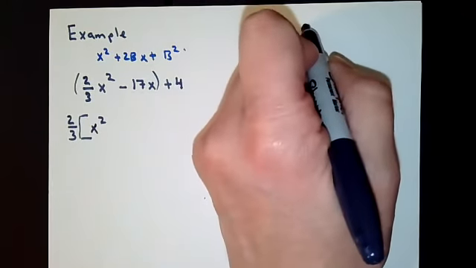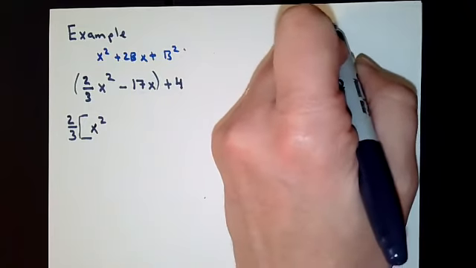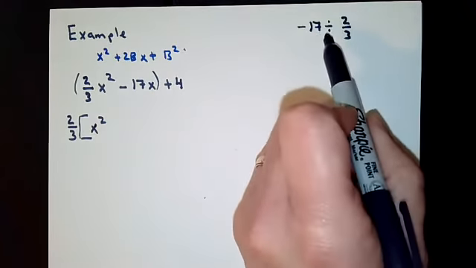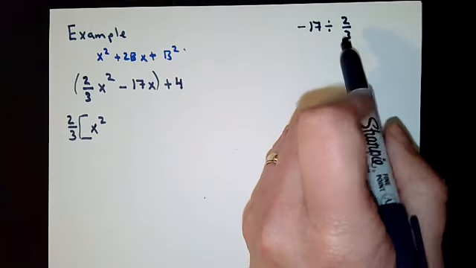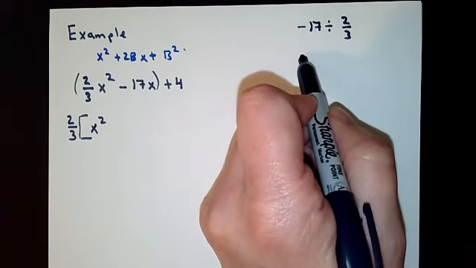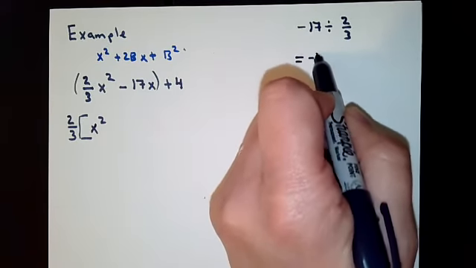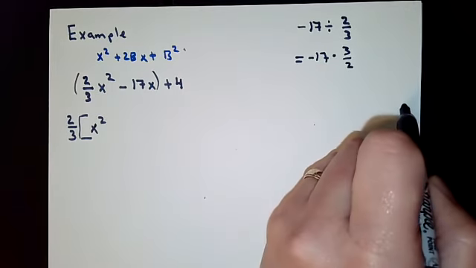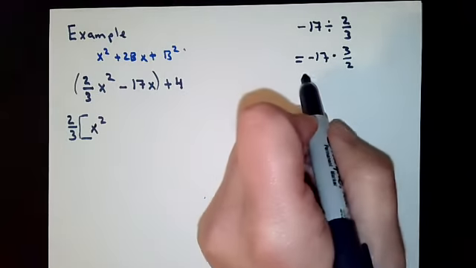Okay, so we have negative 17 divided by 2/3. When you divide by a fraction, that's the same as multiplying by the reciprocal. Right? We flip the fraction upside down.